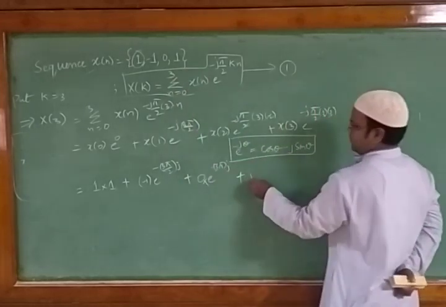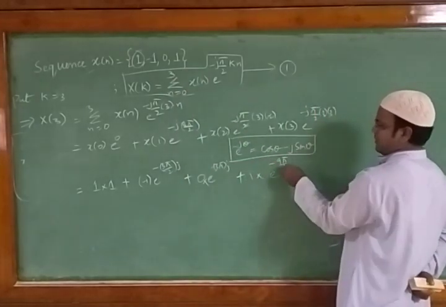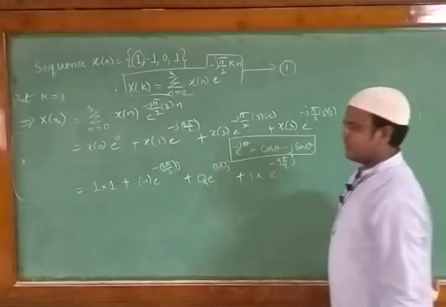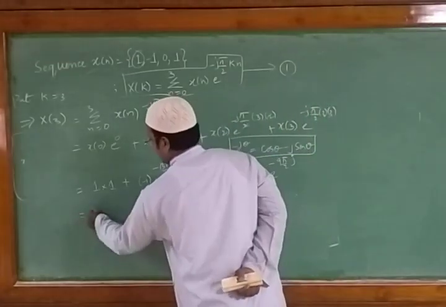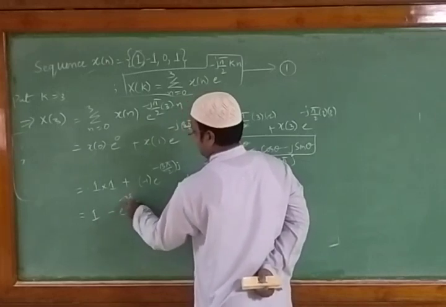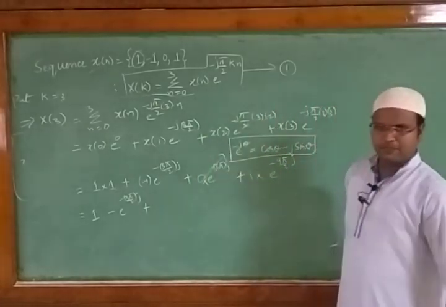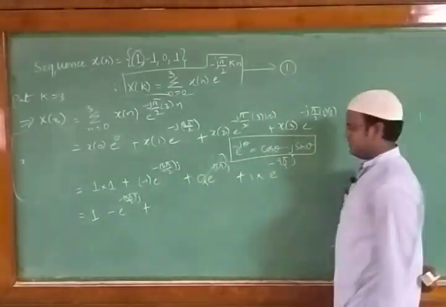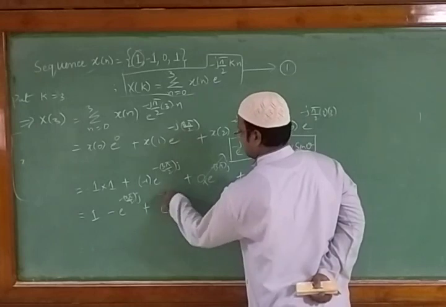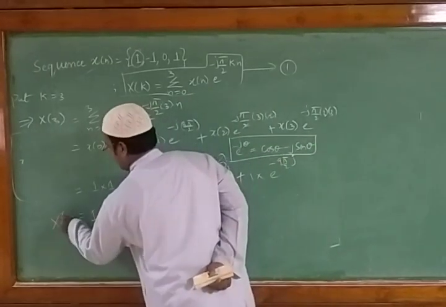We have 1 into e power minus 9 pi by 2, because 3 3 is a 9 pi by 2 of j. So clear? So we got 1 into this one e power minus 3 pi by 2 of j, plus this is gone because it's a 0, so we'll not mention that, we only mention the last one. So we can write e power minus 9 pi by 2 of j, that is your x of 3.